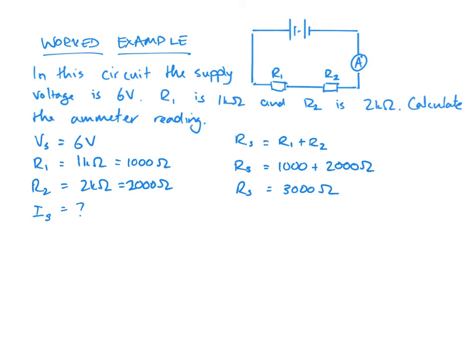And then once we've got that, we can do V equals IR with everything having a subscript S. You can do the same V1 equals I1 times R1, V2 equals I2 times R2. But the underlying idea there is that you can apply Ohm's law to a whole circuit. You can apply it to any bit within the circuit as well.